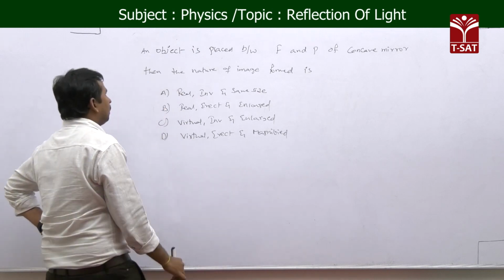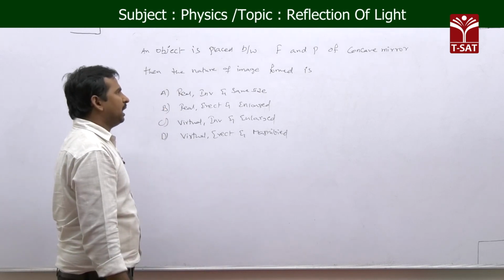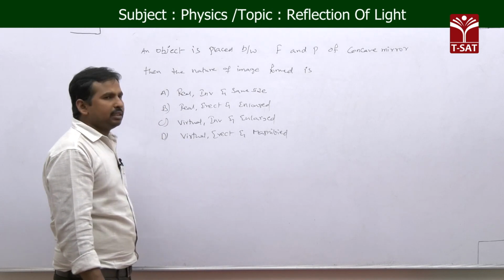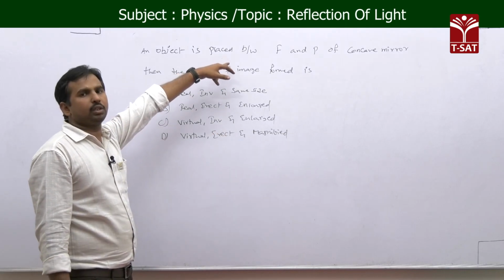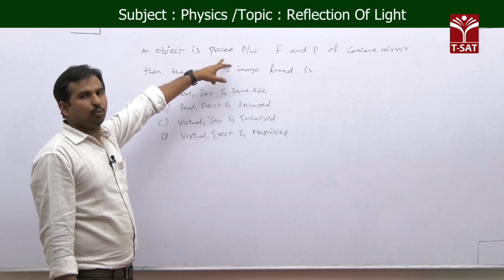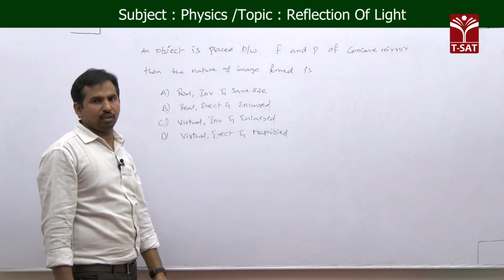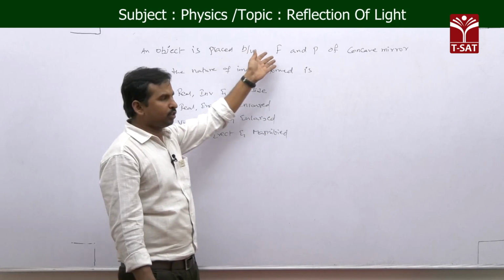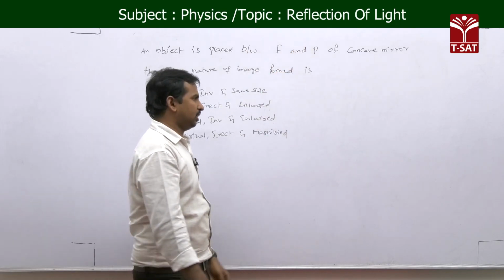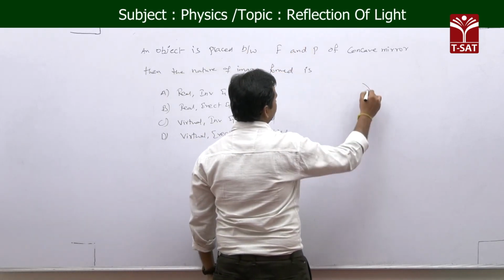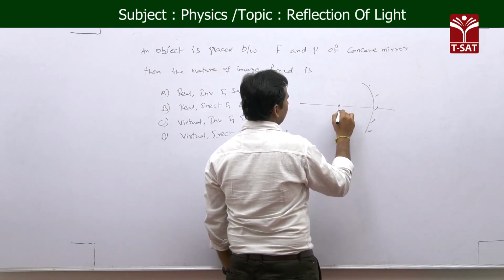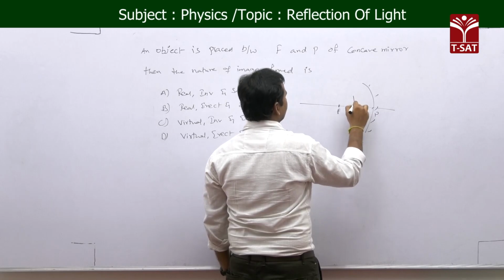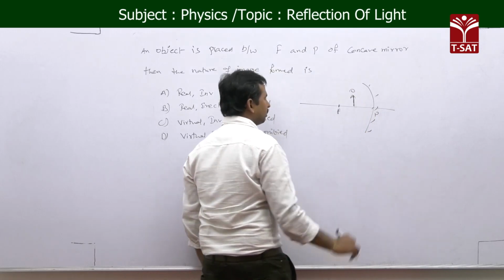If you see the question again, an object is placed between F and P of a concave mirror, then the nature of the image formed is. This is about the special case of the concave mirror. Only in one case does it form a virtual image, when the object is placed very close to the mirror, like this. This is the position of the object.